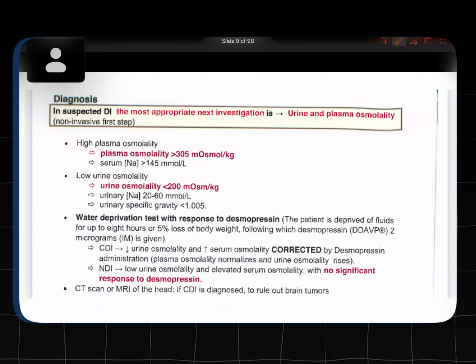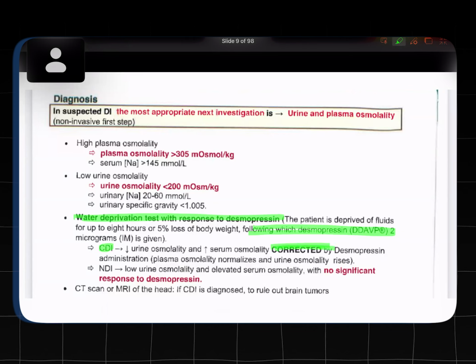Diagnosis we have discussed. There will be high plasma osmolality, low urine osmolality, and a high serum sodium. Now the water deprivation test with response to desmopressin, following which desmopressin, that is DDAVP, needs to be given. If it is cranial diabetes insipidus, then it will be corrected, because the main problem is the desmopressin deficiency, ADH deficiency.